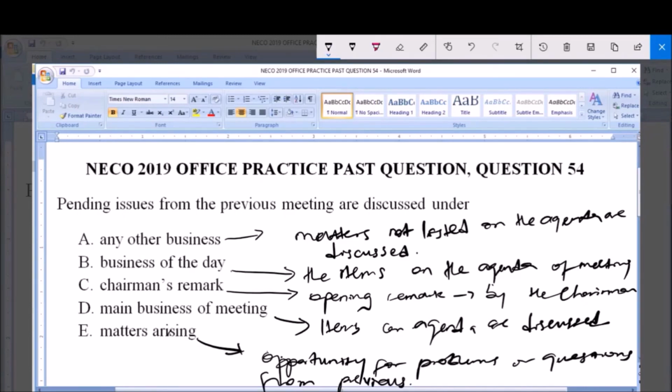After the minutes are read, the pending problems or questions are attended to during the section of matters arising, to be discussed. So pending issues from previous meeting are usually discussed under matters arising. That is option E.